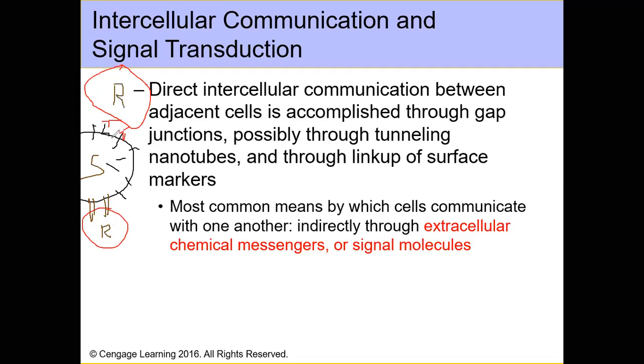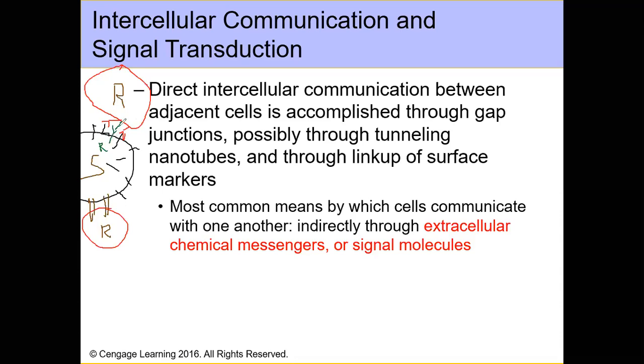direct communication. Now, it doesn't mean that if this is the signaling cell, you cannot have it being a receptor. It can also be a receptor because this may have surface markers, and this one has a receptor for it.